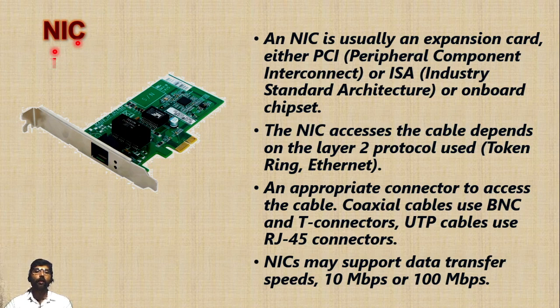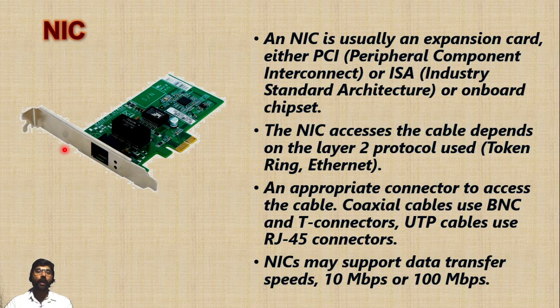NIC accesses the cable depending on the layer 2 protocols, that is, token ring or Ethernet. Such protocols are used for accessing the cables. Some of the connectors we are connecting to this NIC are BNC connectors, T connectors, RJ45 connectors.